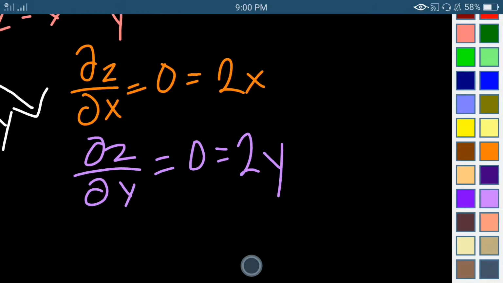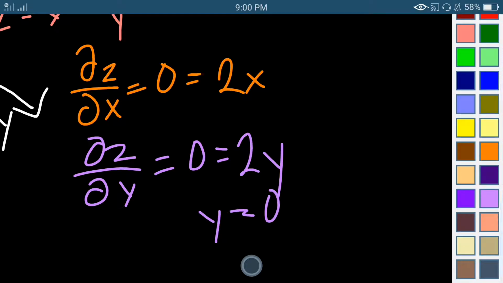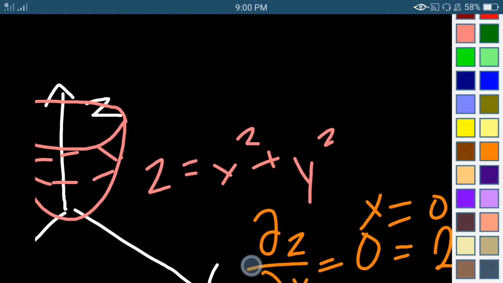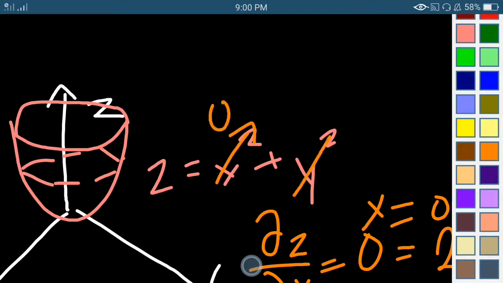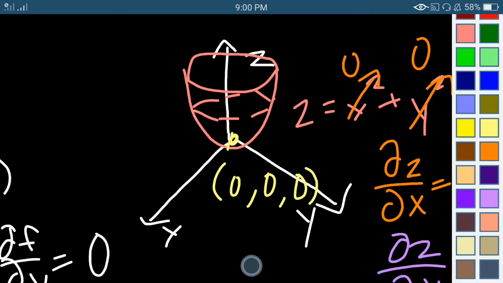All we have to do is solve for them respectively: y is equal to 0, x is equal to 0, then plug them in, and we get the point 0, 0, 0. That's easy, right?